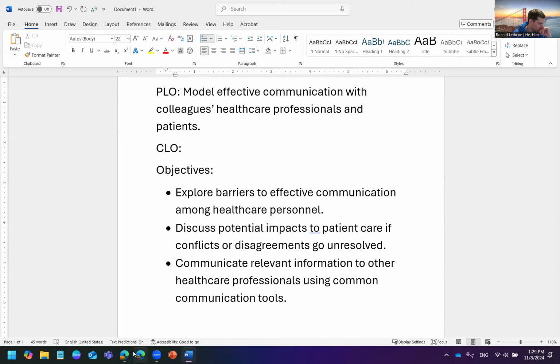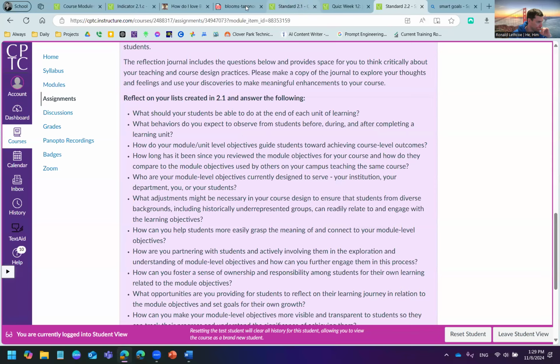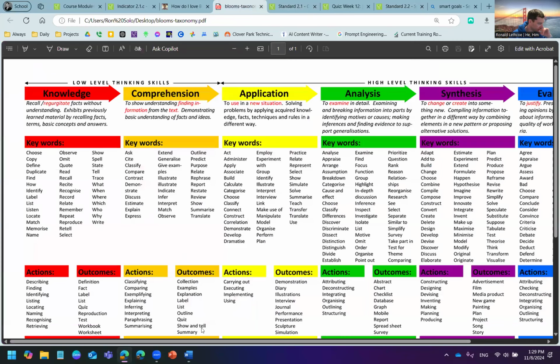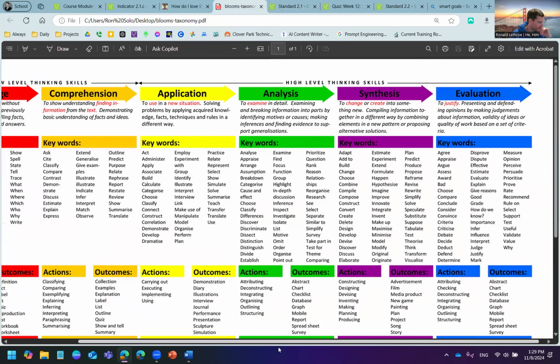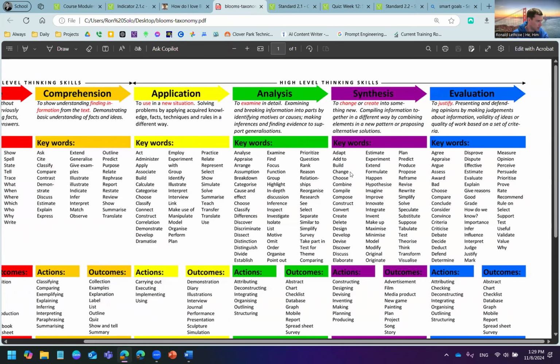So let's see here. I'm going to bring up Bloom's. And you said this is a mastery level course, so I'm immediately going to look over to this right side here. I'm gravitating towards analysis.